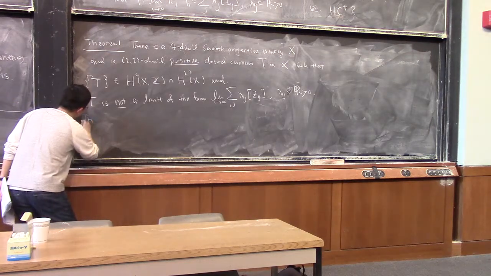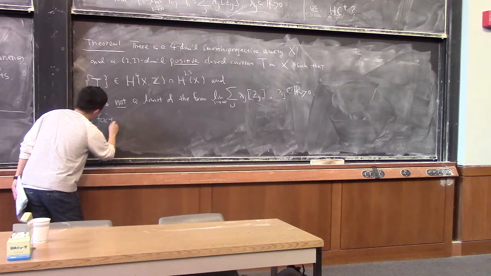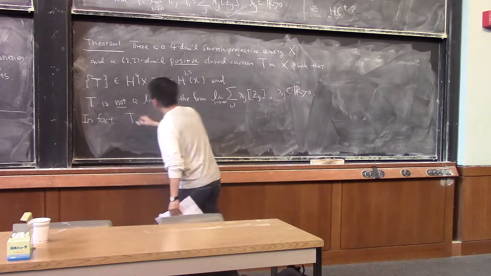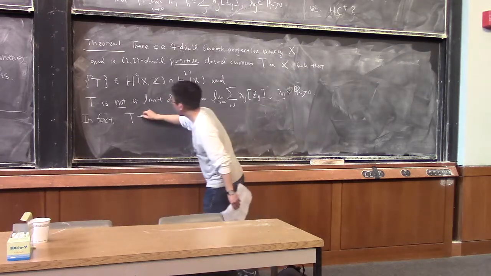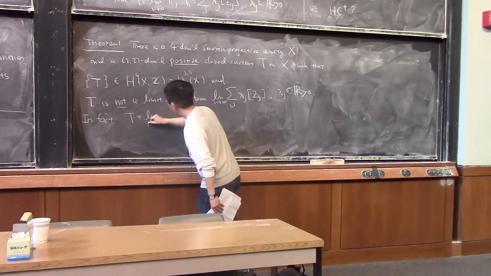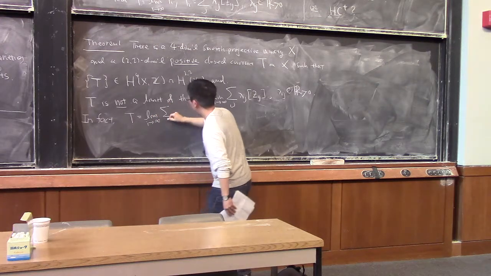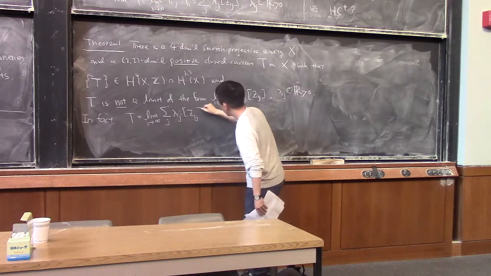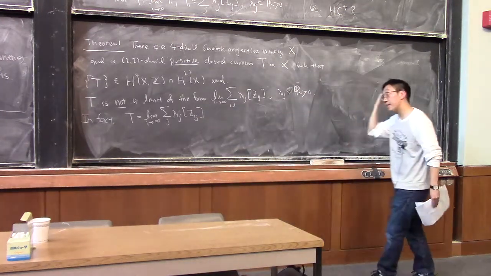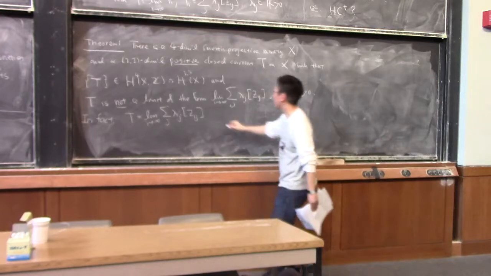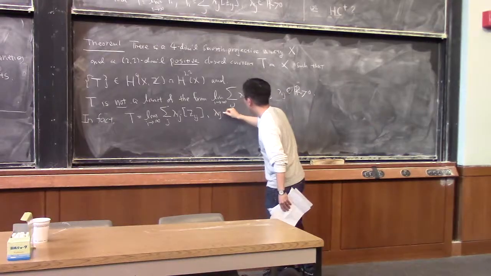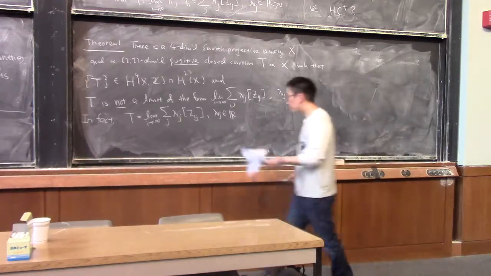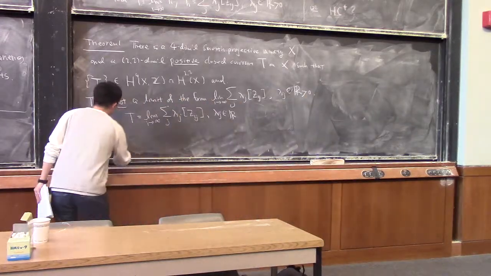So what happens in this example is quite interesting. This positive closed current T is a limit of linear combinations of irreducible surfaces Z_ij inside X, where lambda_ij are some real numbers.